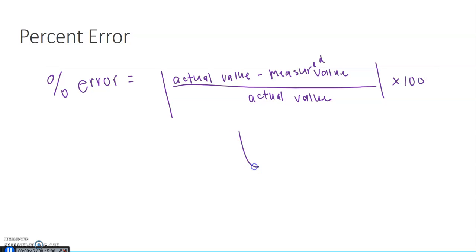So notice we are in the absolute value. So even if what happens inside the absolute value is negative, your answer is always positive.